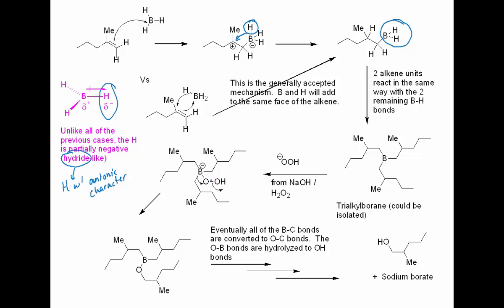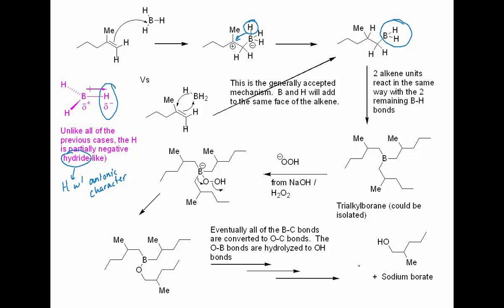An OO bond is actually a weak bond, and this is going to now give us a CO bond instead of a CB bond. Eventually, all of the carbon-boron bonds are going to do this, and these basic conditions are going to cleave the oxygen-boron bond as well, and we're going to end up with the alcohol and sodium borate.